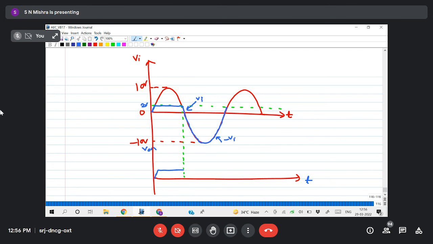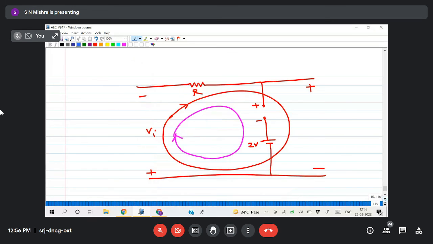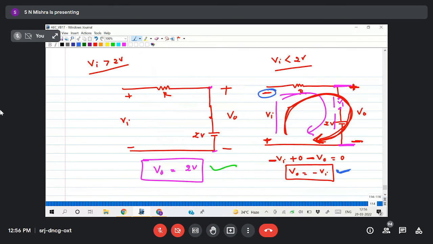Now, are you getting what I am trying to explain here? Depending upon this positive and negative sign, because here V less than 2 means 2 to 0, 0 to minus 10. Two conditions are there. I have taken here only 0 to minus 10, that's why I am getting minus VI.